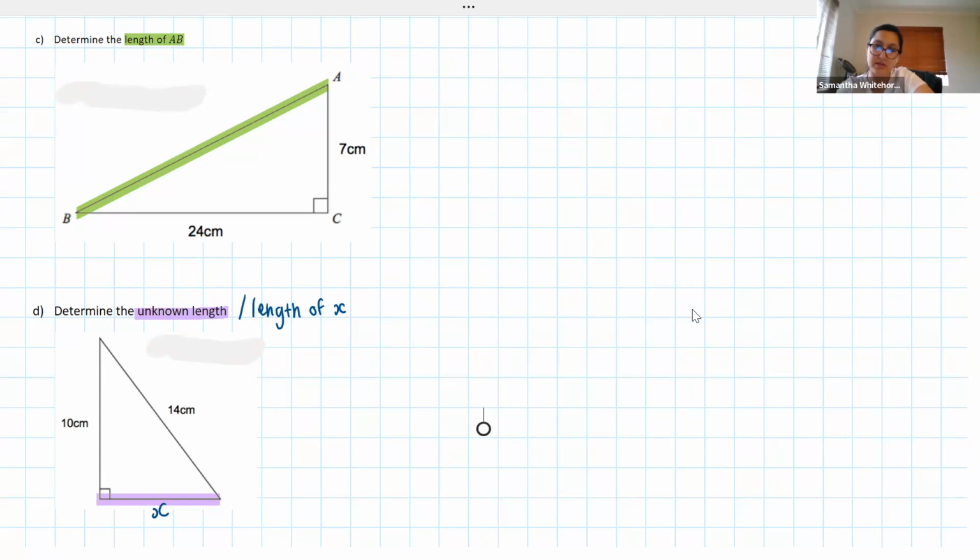I have only seen answers for C so far, nothing for D yet. Remember, make sure you square root.